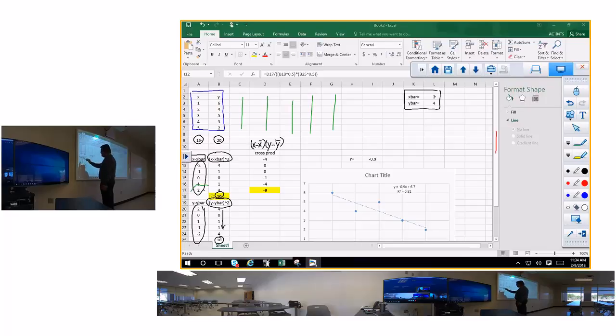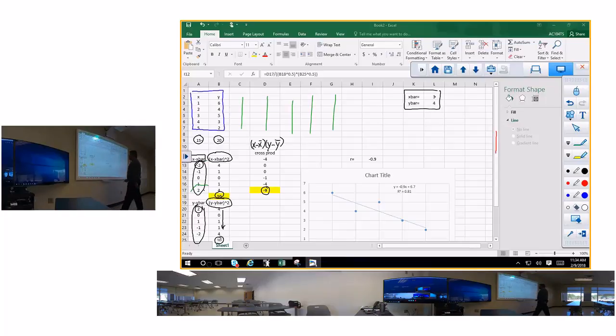So you're going to take this number, -2, and multiply it by 2, and you get -4. -1 times 0 is 0. 0 times 1 is 0. 1 times -1 is -1. And 2 times -2 is -4. And then you add those up, and you get that number right there.